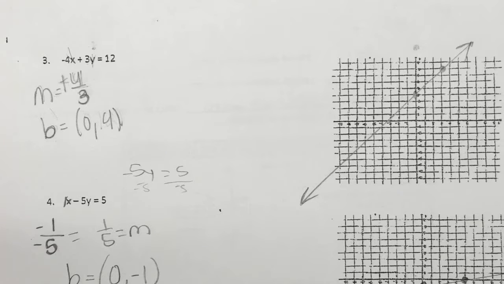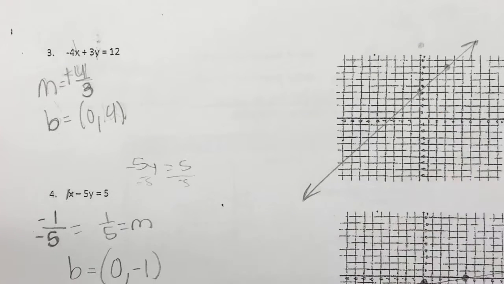And your a is already negative, so that makes this a what? Positive. That's correct. Keep going. And then I did x equals 0, so you'd have 3y equals 12. You divide that by 3 and you get 0, 4 for b. And then I graphed my 0, 4 point right here. And then I went up 4 and over 3.